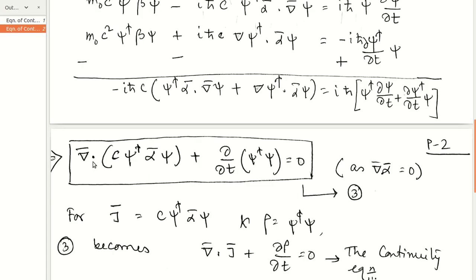When you expand the divergence of psi dagger alpha psi, you will obtain the gradient of psi dagger dotted with alpha psi, plus psi dagger alpha dotted with grad psi, plus psi dagger times the divergence of alpha.